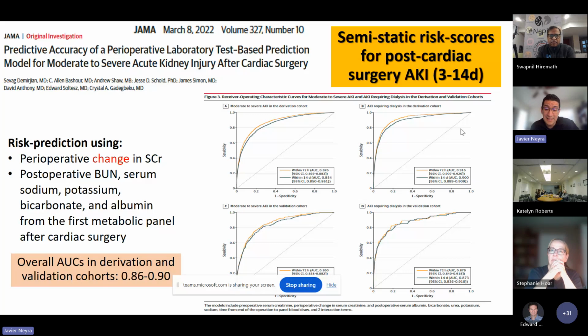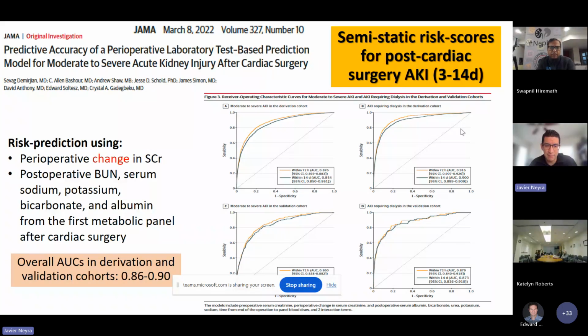With these, they obtained very good AUCs of 0.86 and 0.9 for the prediction of post-cardiac surgery AKI between 3 and 14 days subsequent to the surgery. Of course, this is single-center data with a little bit of external validation, but promising in that when you use dynamic data, even in a semi-static score, performance can start getting better.